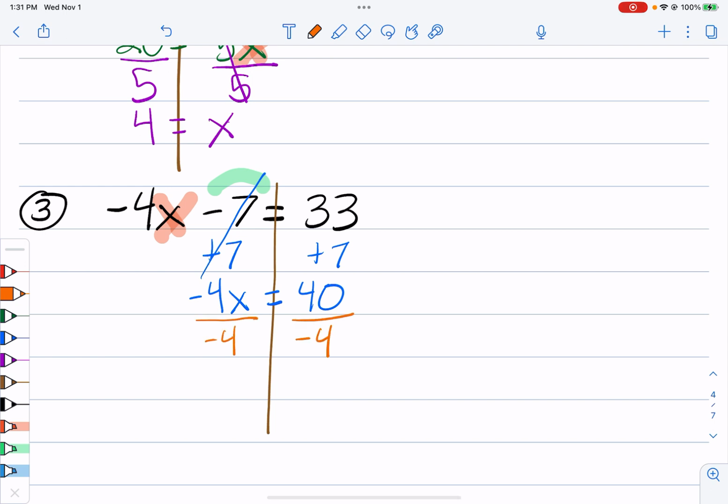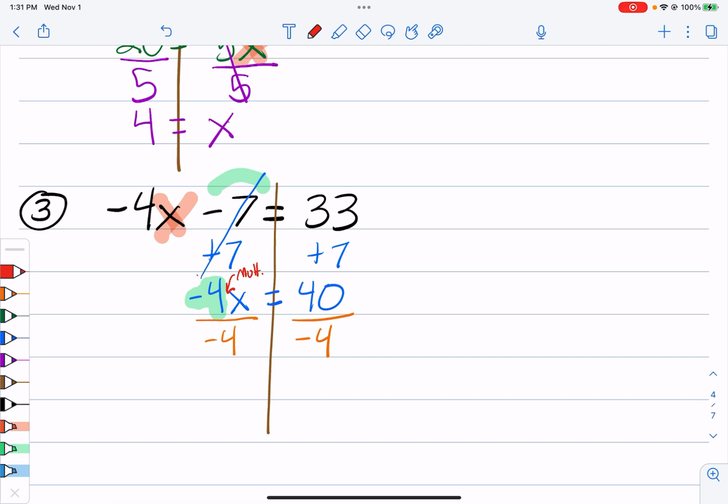And I want to talk about this really quickly. While there's a minus sign in front of that 4, that means that it's a negative 4. And that negative 4 is right next to that x. There's no sign, no nothing in between. So this still means multiplication. That still means negative 4 is being multiplied by x. So if I want to undo multiplication, I've got to divide.